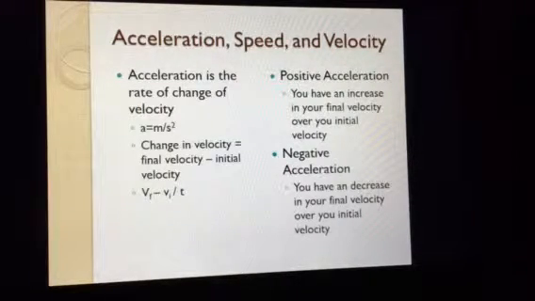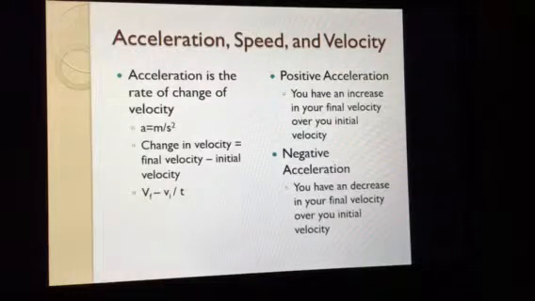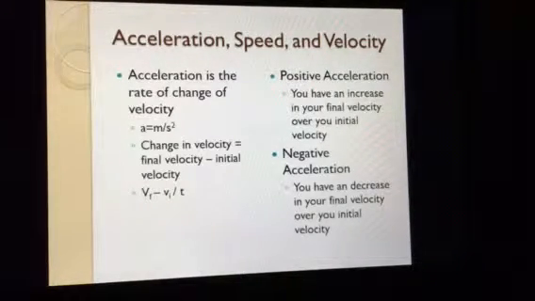If I started at 0 meters per second, which means I was stopped, and I increased my speed to 60 meters per second in 10 seconds, well, I'm going to have a positive acceleration there because my final velocity is actually greater than my initial velocity. And so don't freak out in your homework assignment when part of your stuff is going to be positive and the other part is going to be negative. It's just how it works.